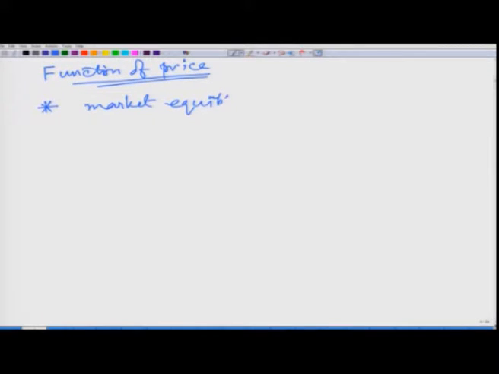So the function of price, number one, is that it brings the market into equilibrium, so that whenever there is a shortage or surplus, the price helps the supplier and the consumer to engage in bargaining.